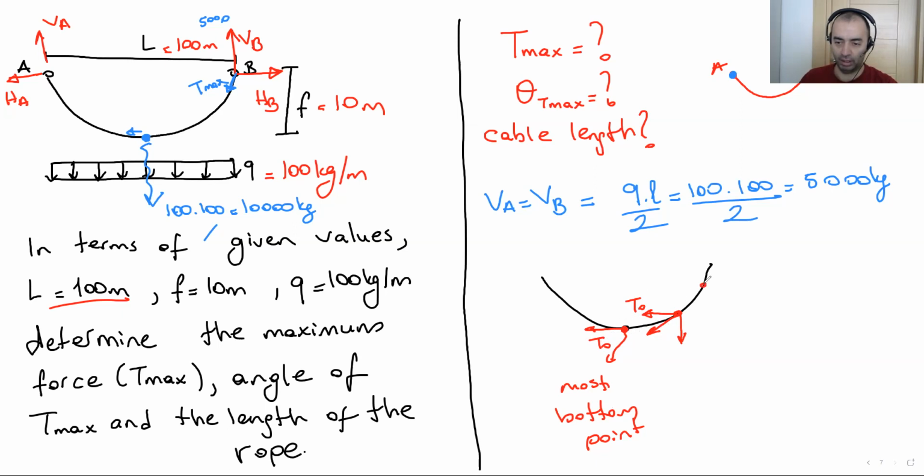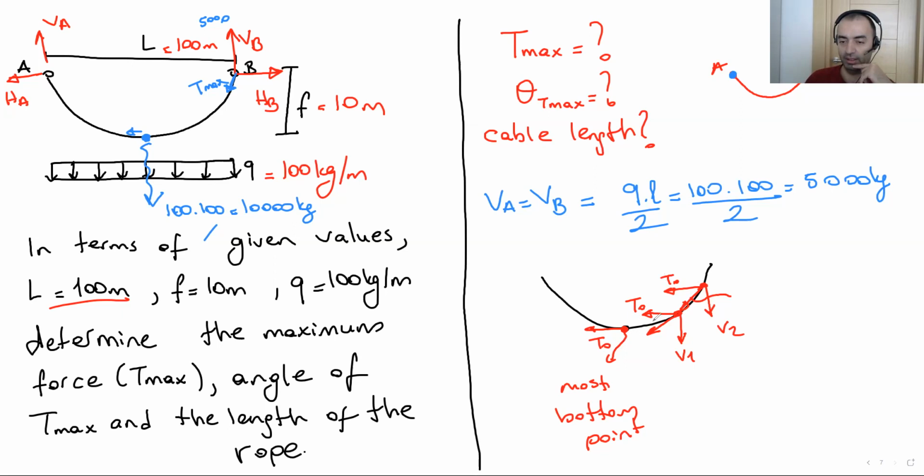If we go a little bit up, we have T0 and a different vertical load, so the tension load will be different. This is the tension load on the cable. But at the bottom, there is no vertical component. That's why there is only T0. T0 means, for the cable, the minimum tension load in the horizontal direction.